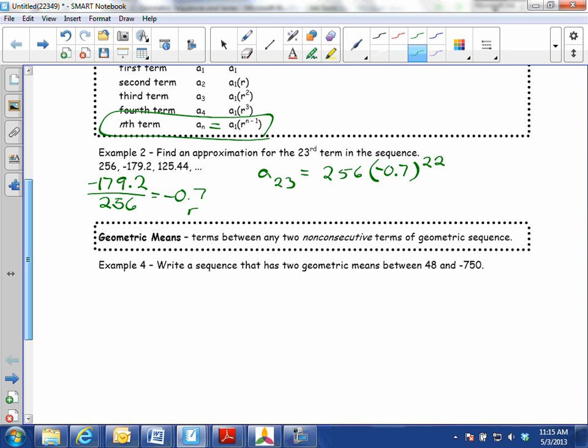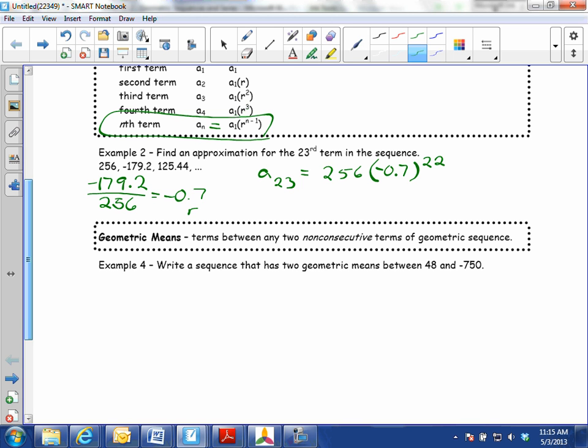So, order of operations: are you going to multiply or are you going to do the exponent first? Excellent. It's just to find an approximation. It's not negative, because I'm taking negative 0.7 to the 22nd power, an even number, so it's going to be positive, because that'd be an even number of negatives.